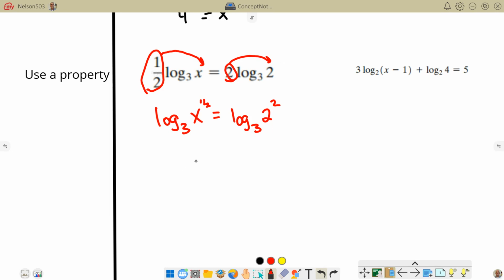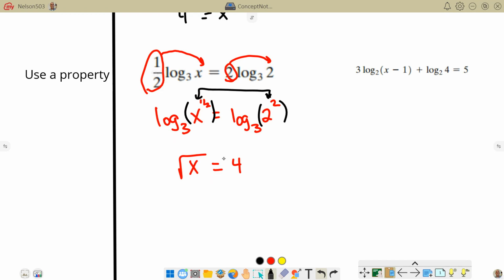Now I can say the square root of x is equal to 4, because look, if we have log base 3 of something equal to log base 3 of something over here, the two expressions inside the parentheses need to be equal to each other, right?